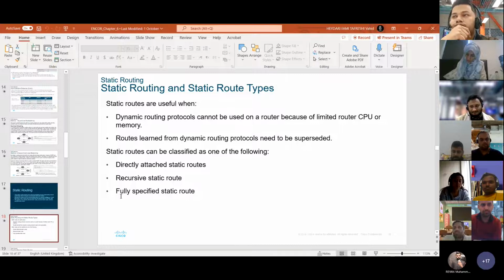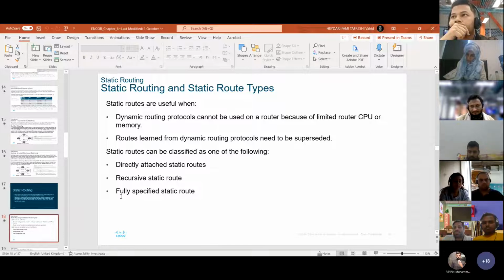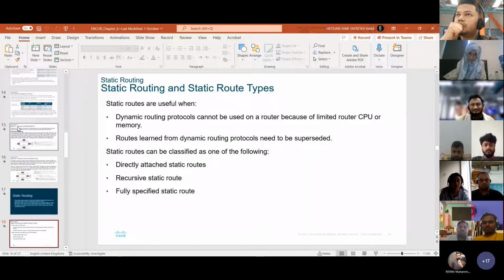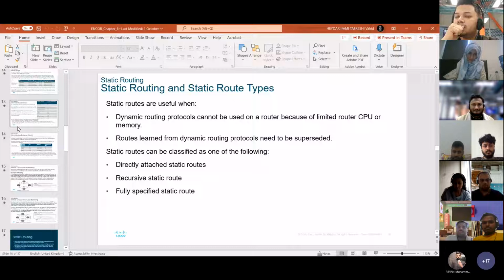Sometimes we don't use them because we don't have enough hardware resources. Sometimes we don't use dynamic routing protocols because we want to make sure that certain paths are always selected and chosen. We don't want to leave things to the automatic behavior of routing protocols.